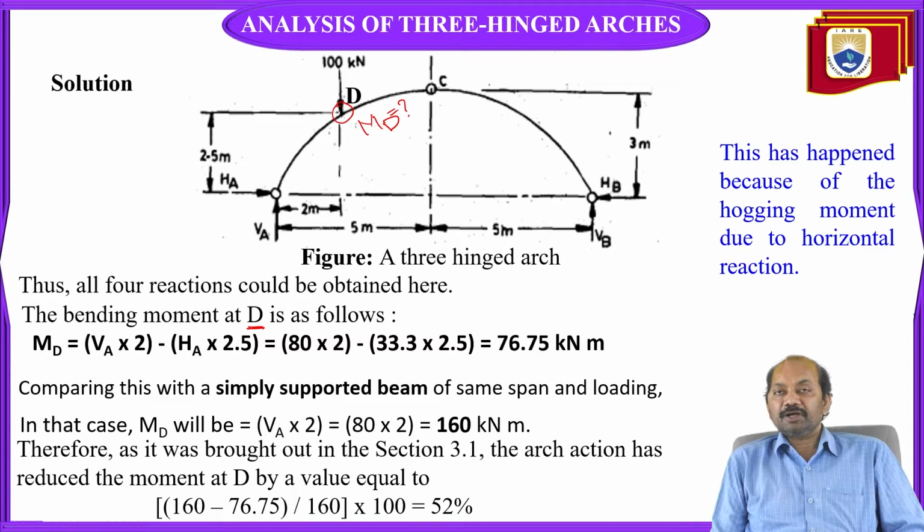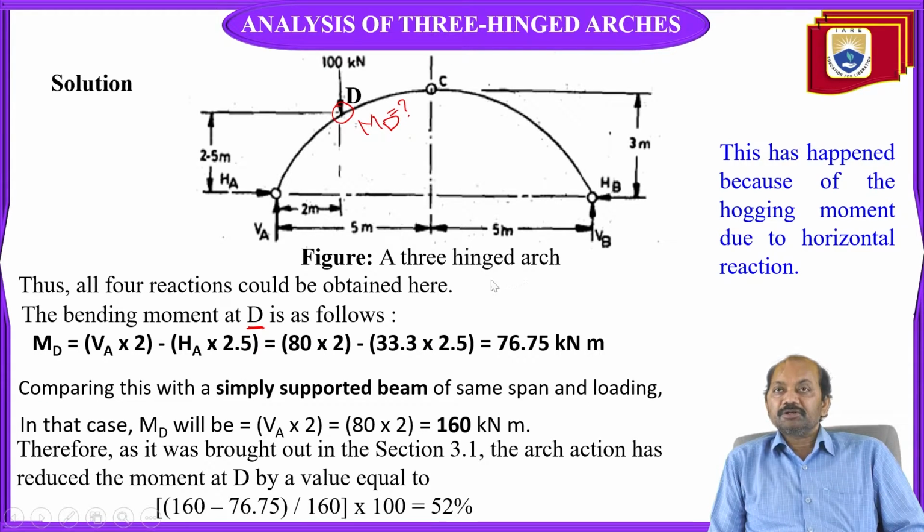Substitute the previously found values. VA is substituted by 80 and HA is replaced by 33.3, and on solving, the bending moment comes out to be 76.75 kilonewton meter. This is the bending moment obtained for the 3-hinged arch.